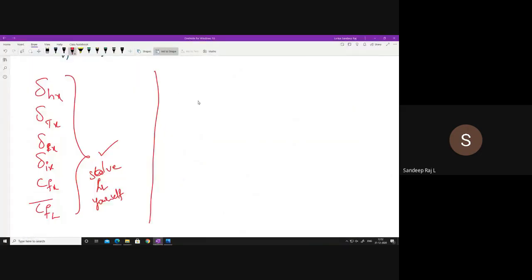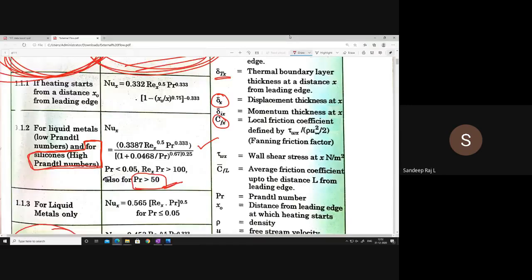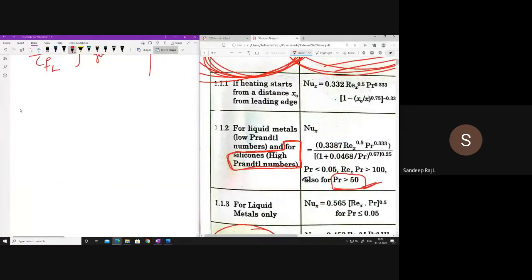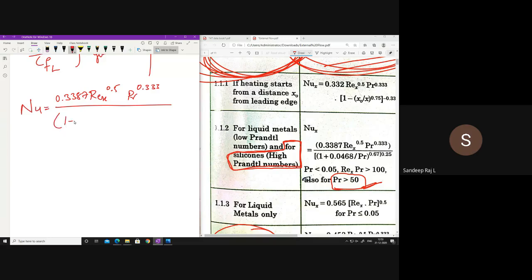So let me write that formula here for you. Nu is equal to 0.3387 into Rex power 0.5 and Prandtl power 0.333, divided by 1 plus (0.0468 by Prandtl) to the power 0.67, whole to the power 0.25.